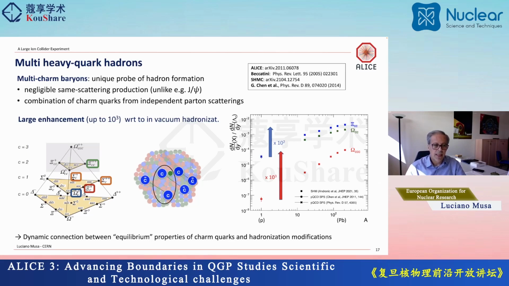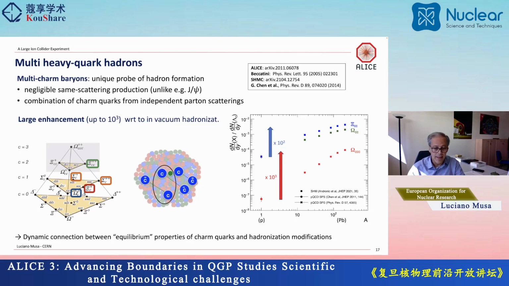Now, we know that in heavy ions, the multi-charm hadrons are essentially produced completely only in processes that combine charm quarks, which are produced in independent parton scatterings. And therefore, the fact that they can essentially be formed only with this mechanism opens a direct window on the hadron formation from a deconfined QGP.